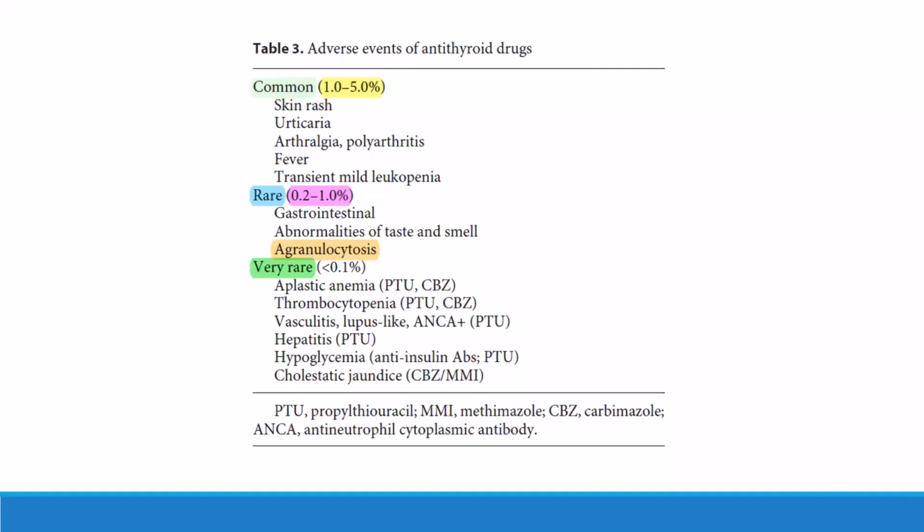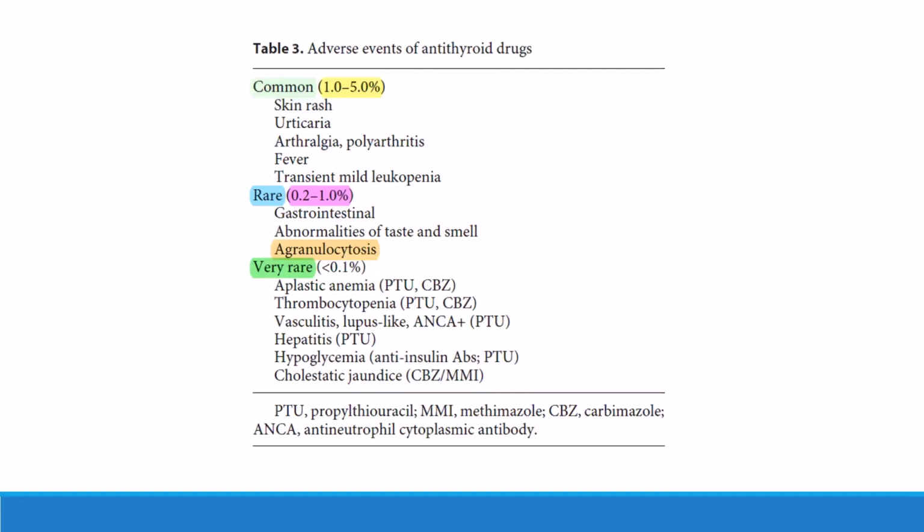So once you suspect agranulocytosis, you need to stop antithyroid medication immediately, and this should be written information, and you should reassess this in every patient. And agranulocytosis usually occurs abruptly, so follow-up by doing CBC in a patient receiving carbimazole is not recommended, because agranulocytosis occurs abruptly.